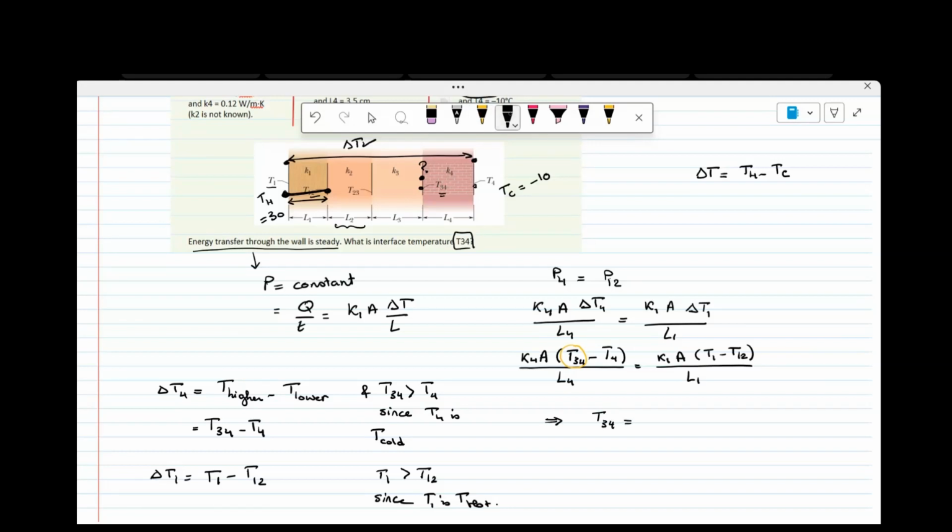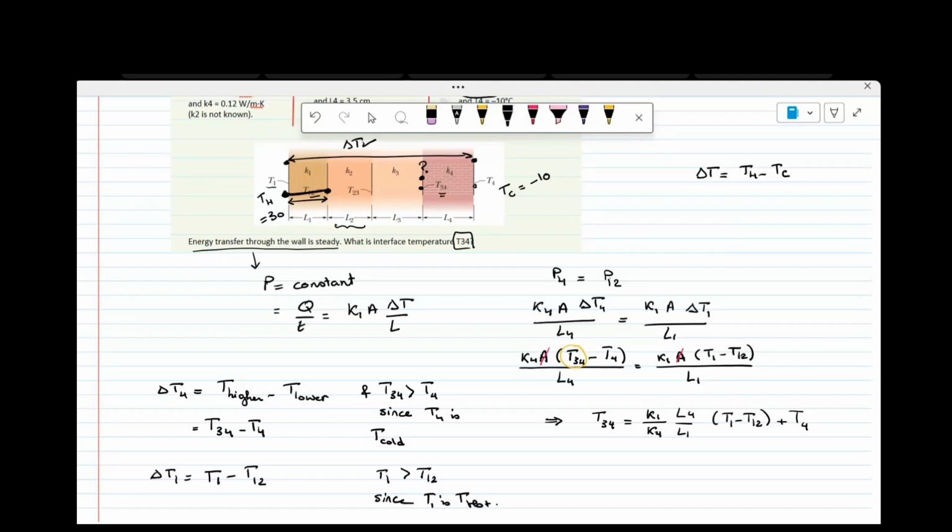If you rearrange this, and by the way, you can see that A and A cancel out, you should get K1 over K4 and L4 over L1 and T1 minus T12, all of that plus T4. So I just rearranged the equation for the quantity of interest.